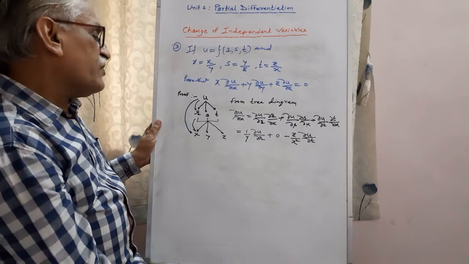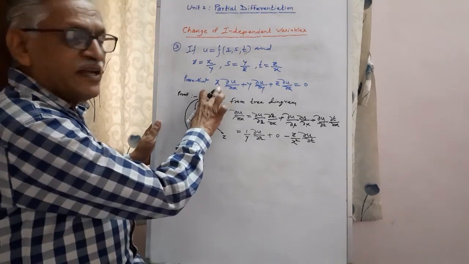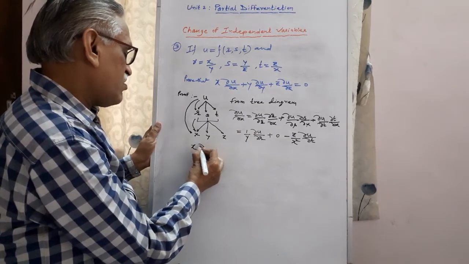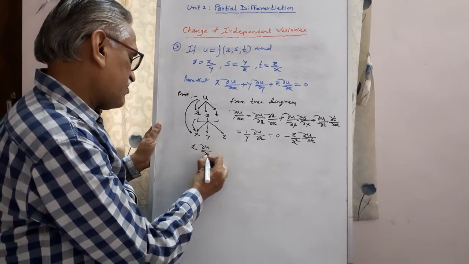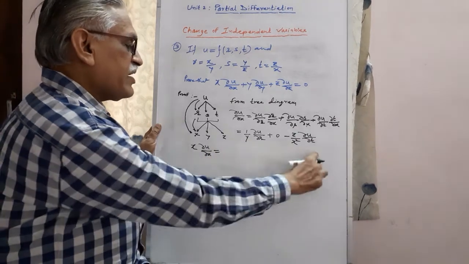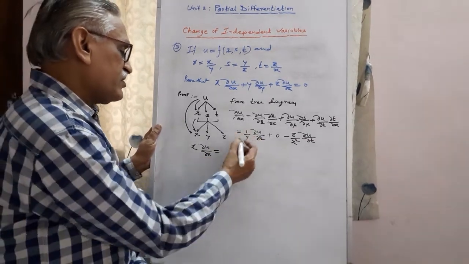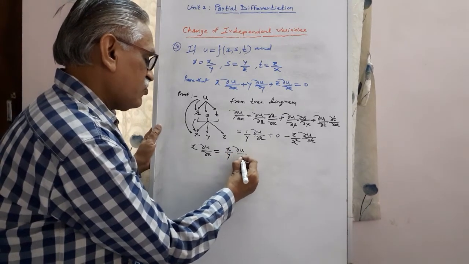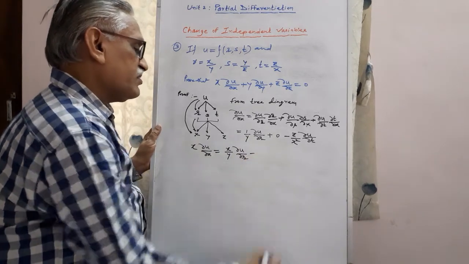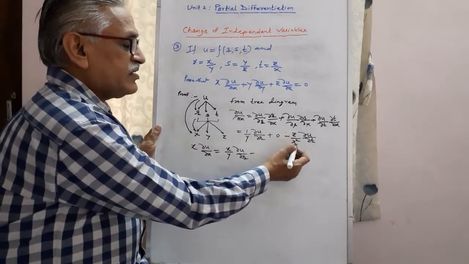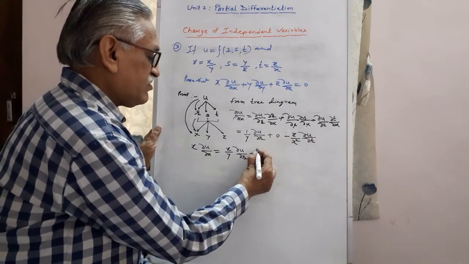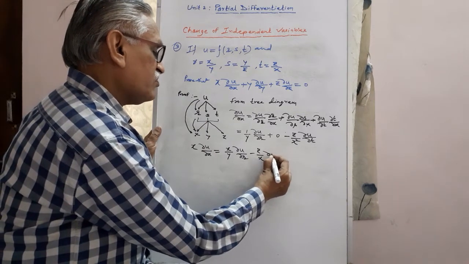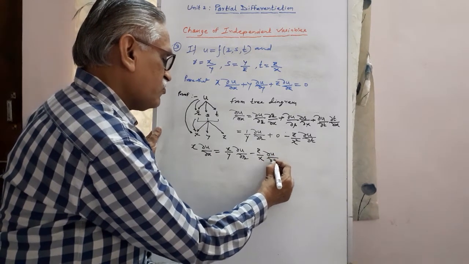okay, whatever this result, multiplied by x, and therefore when we multiply by x, x ∂u/∂x is equal to, multiplying by x throughout, x into 1 by y we get x by y ∂u/∂r, minus x into z by x square, that one x gets cancelled, remains z by x into ∂u/∂t.